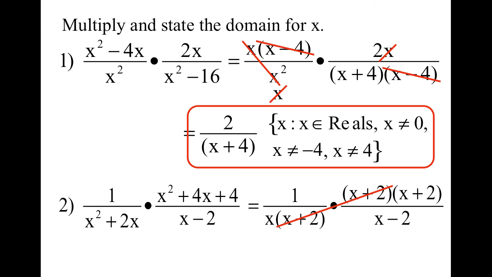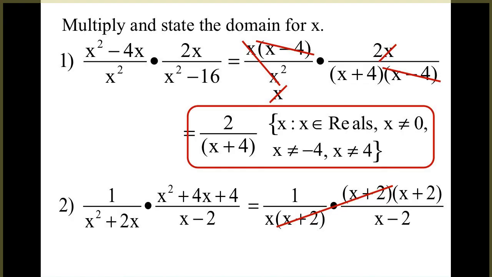But now, when I'm stating the domain, I got to use all parts of the denominator at this point. So I'm looking at this and this. So I have 1, 2, and 3 possible things that tell us that x cannot be.